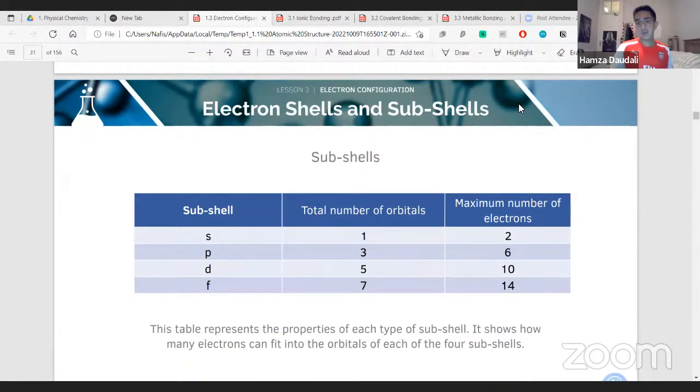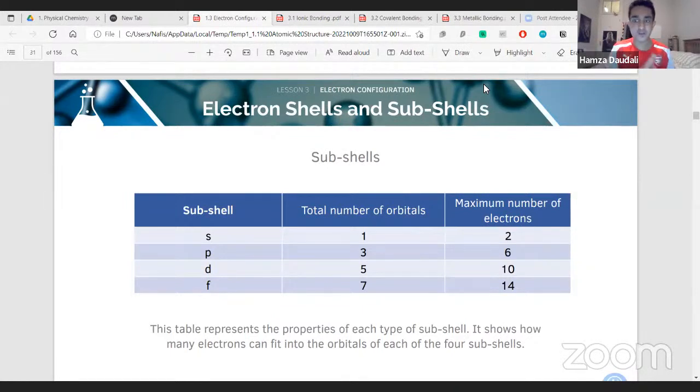Zach asks, if the 4s subshell fills up before 3d, does the 3d subshell empty before 4s? Good question. It does, yeah. In transition metals, with partially filled 3d subshells, yes, but there are exceptions to the rule.